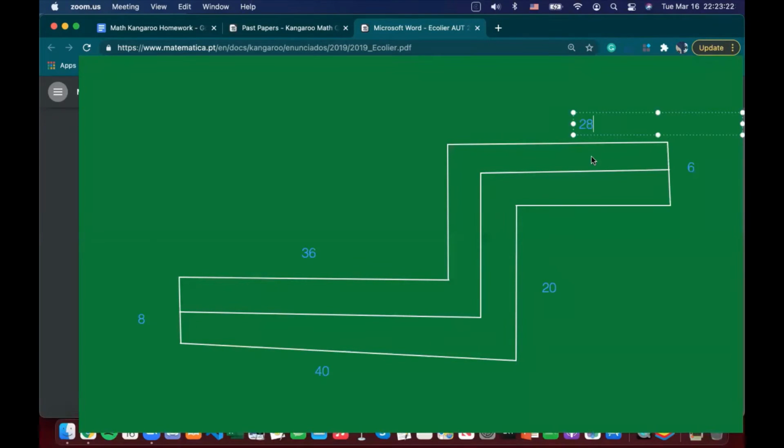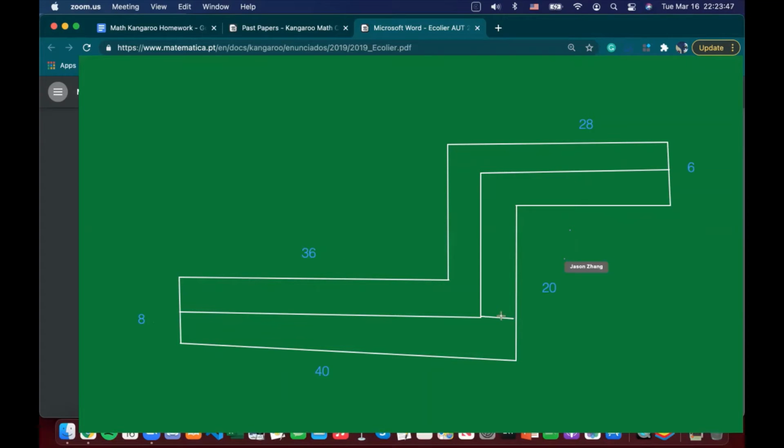And 28. Okay, so those are all our numbers, and it always stays in the middle, which is what you see here. And the way we can find this is we find this whole length, so from here all the way over to here, and then subtract this part.